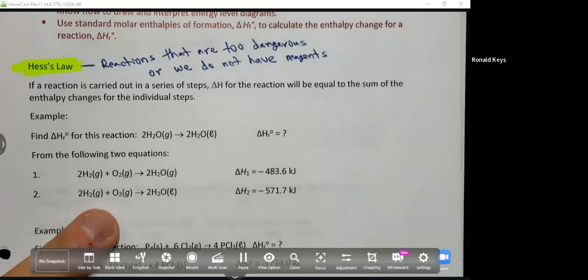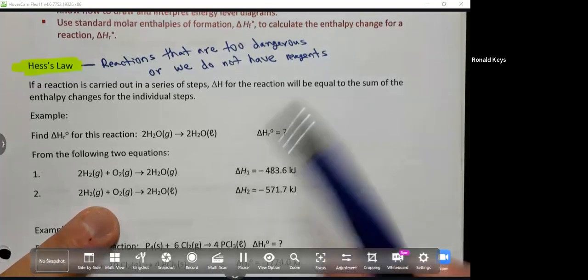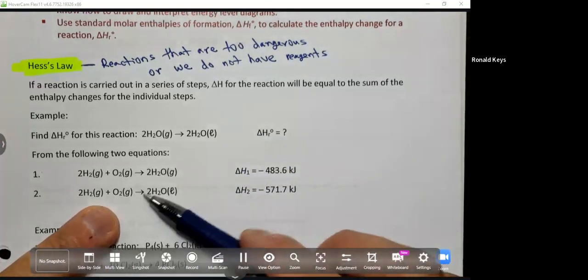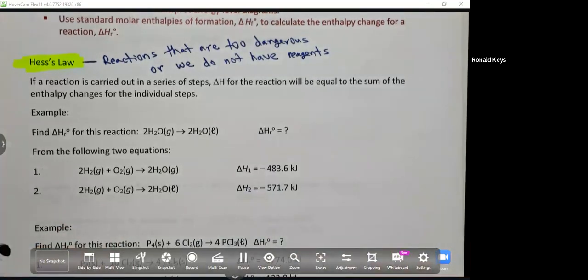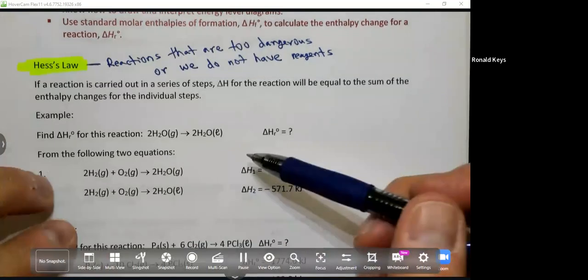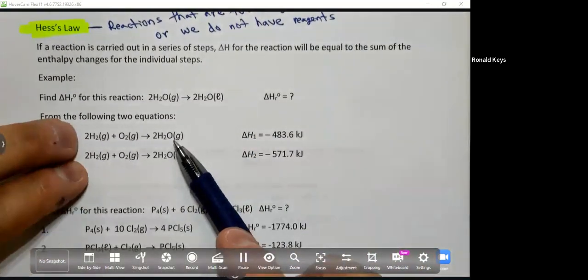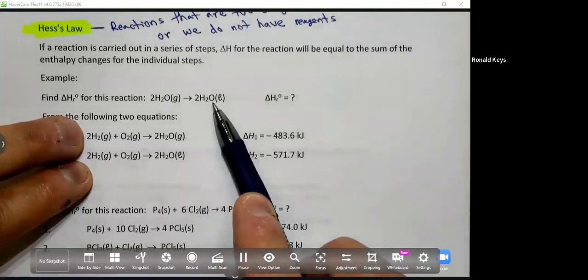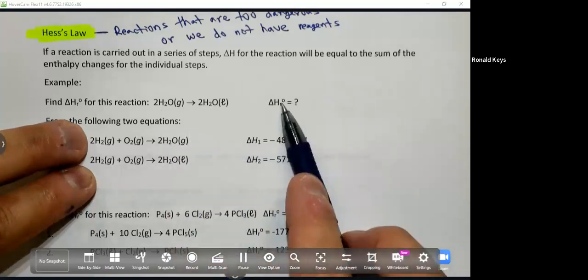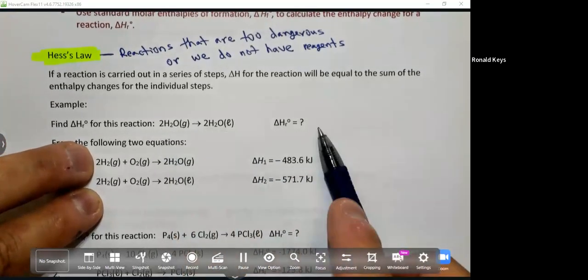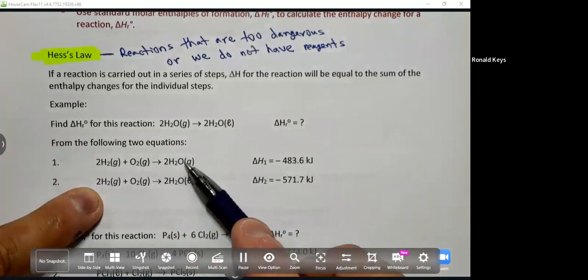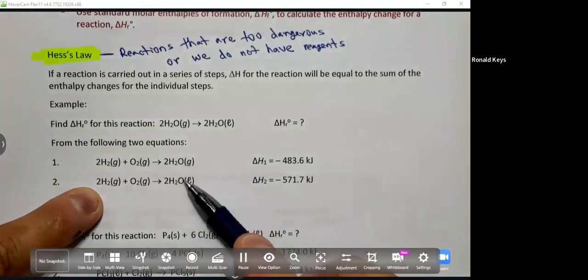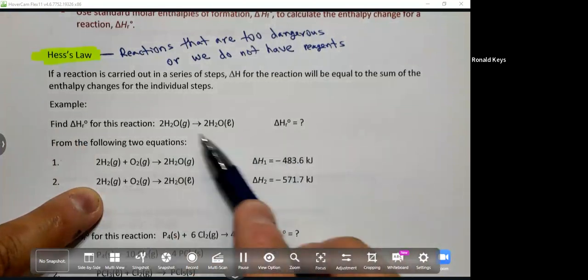Okay. So Hess's law is just adding reactions together, kind of like algebra, canceling common terms on both sides. So we're using, in this case, we'll show you this example, we're using these two reactions, this reaction. So let's say this reaction is too dangerous to run. We don't have the ability to do it. We can combine these two reactions to figure out how much heat we would get for this one.